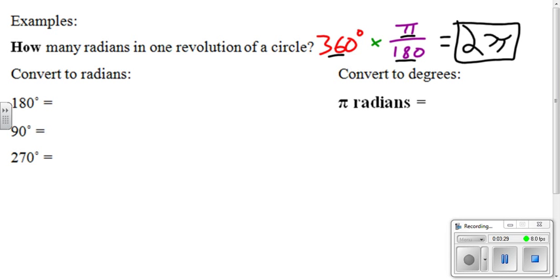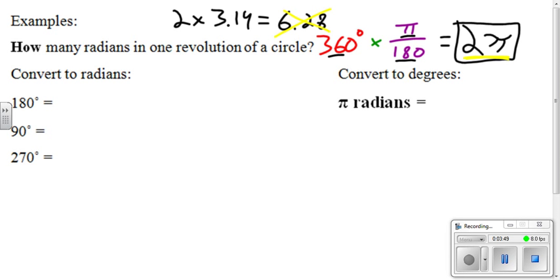It's always okay to leave your radian measures in terms of pi instead of spelling it out. So 2 pi would be like 2 times 3.14, in which case we'd have about 6.28. Don't actually say the 6.28. Leave it in terms of pi.